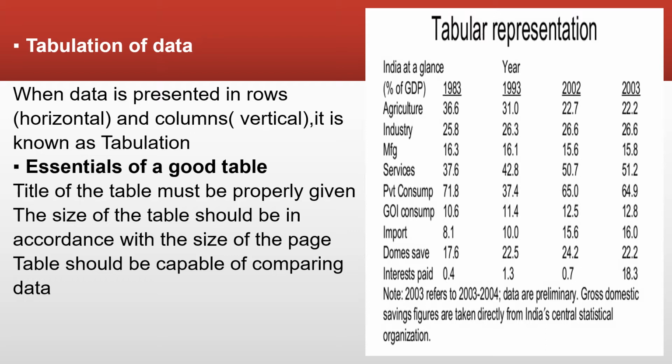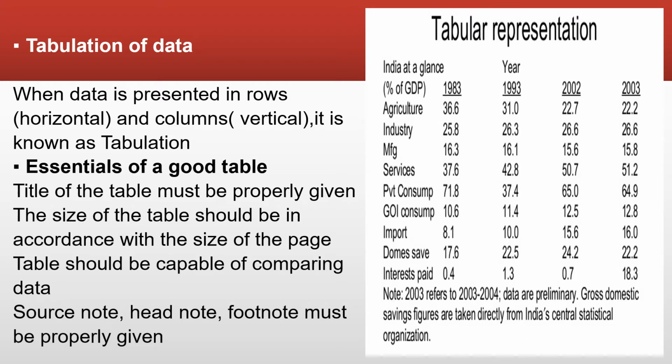So we can easily compare, for example, in the table here, the proportion of the various sectors in terms of percentage in the GDP with the year 1983 and the year 2002. So we are able to do some comparison in this table here. The source note, the head note and footnote must be properly given.